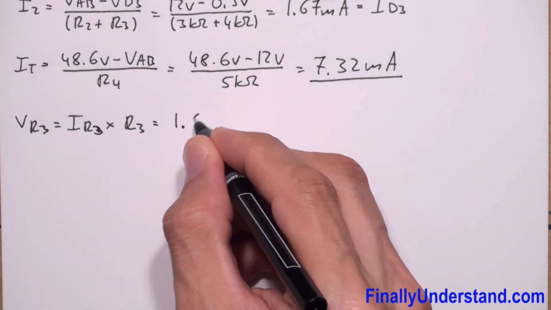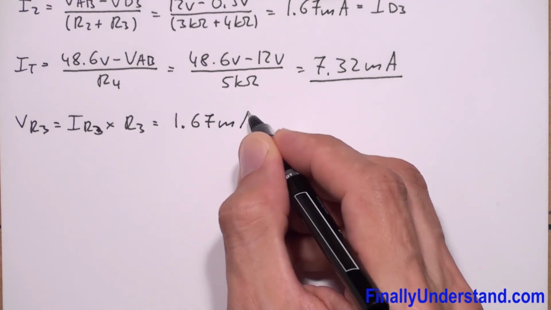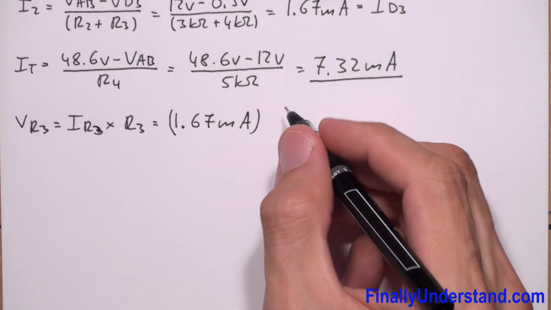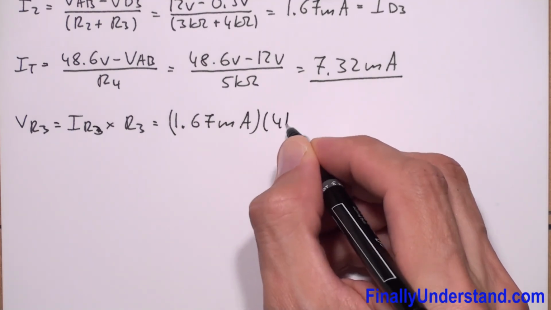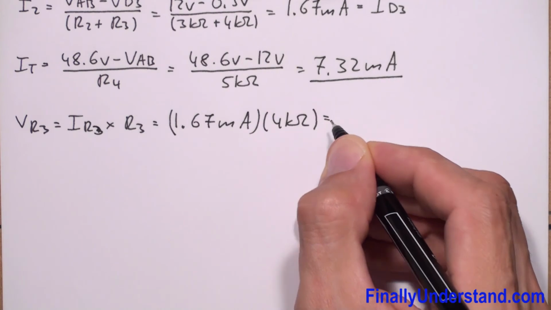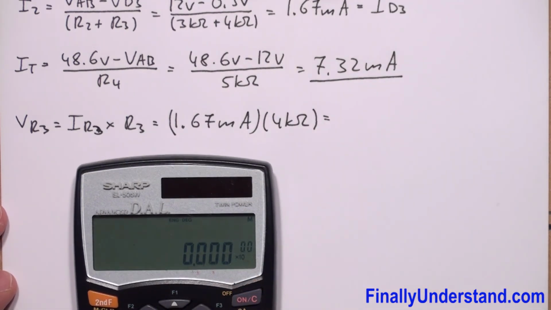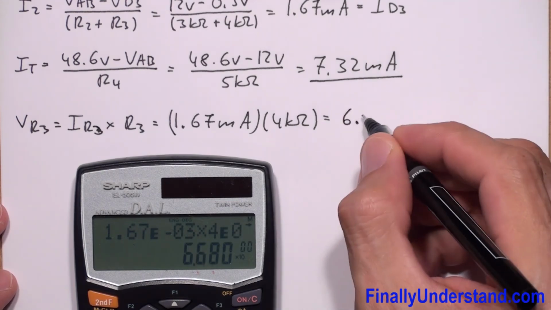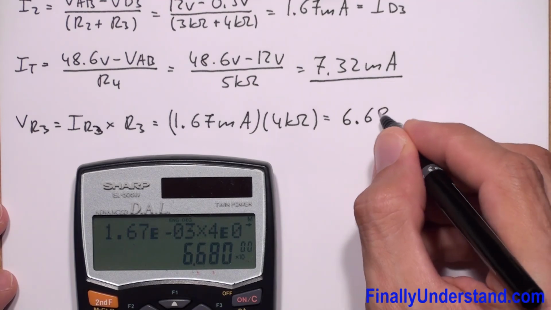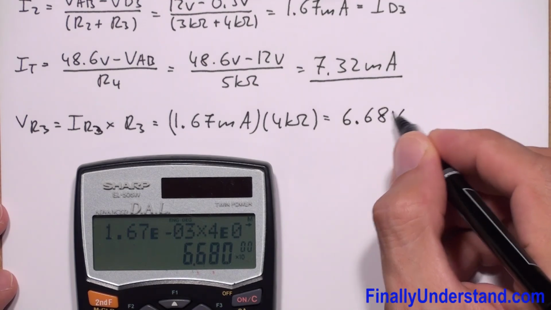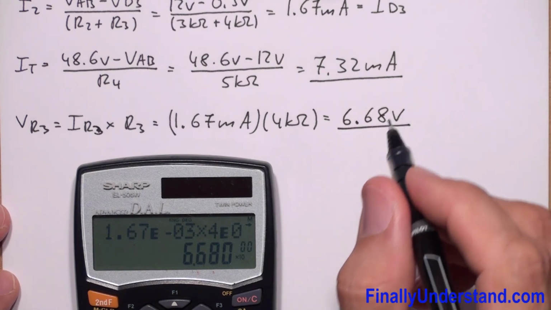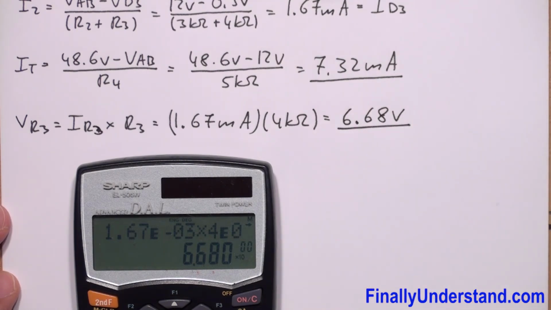So I have 1.67 milliamps times R3, which is equal to 4 kilohms. This is equal to 1.67 exponent 3 negative times 4 exponent 3. This is equal to 6.68 volts. Okay, so this is the voltage across resistor R3.